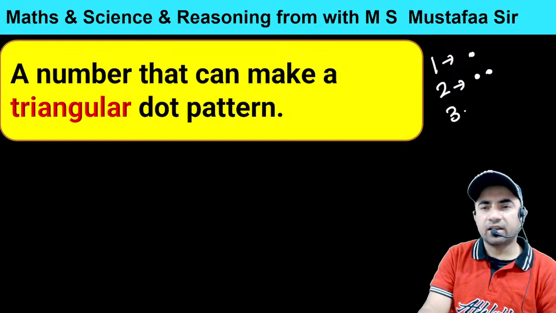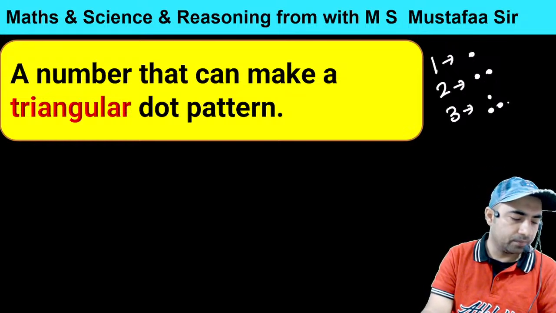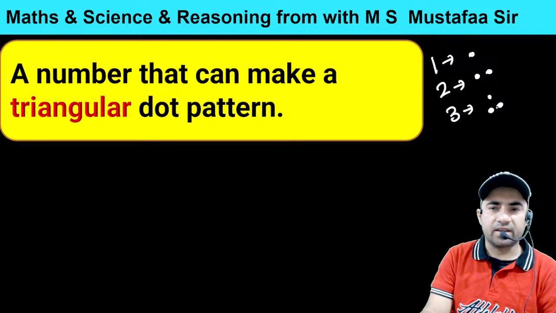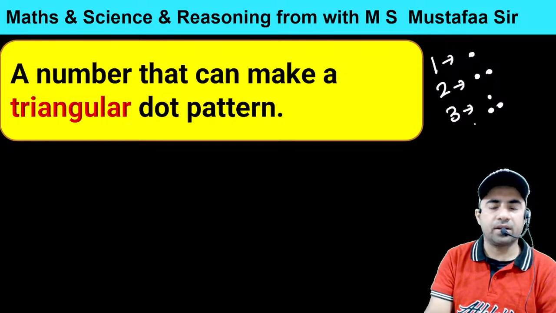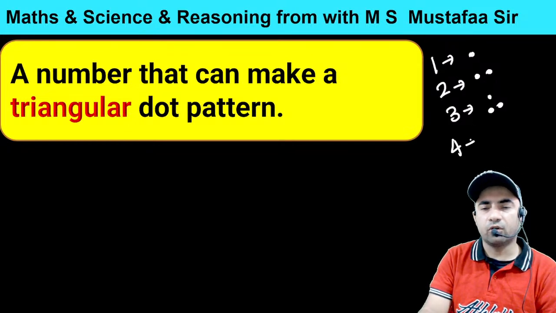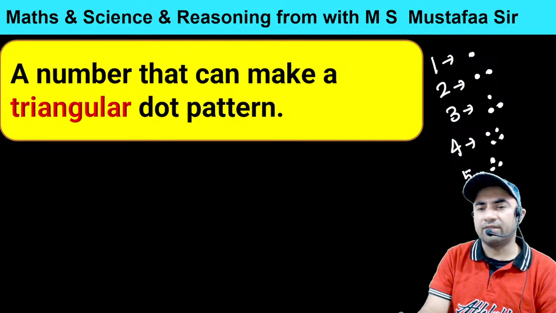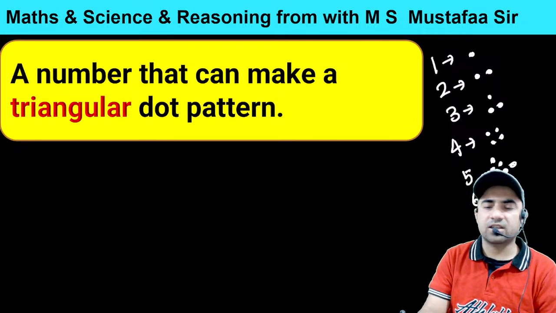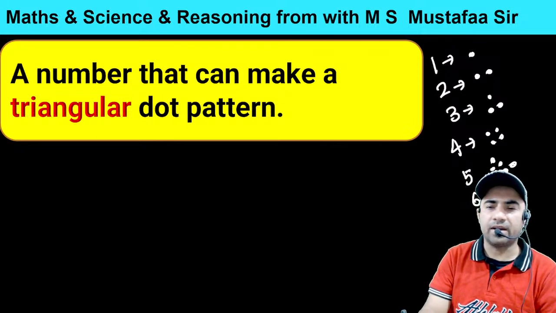Now when we take 3 dots, 1, 2 and 3, these 3 dots can make a triangular pattern. That's why the smallest triangular number is 3. If you take 4 or 5, they cannot form a triangular pattern. The next number is 6, and 6 can make a triangular pattern, right?